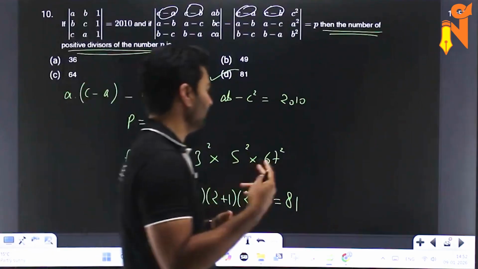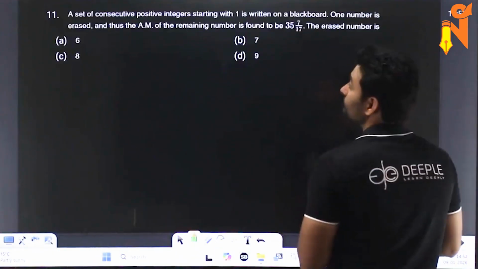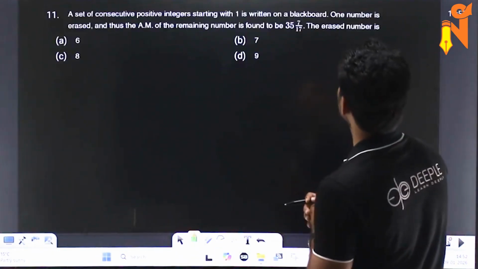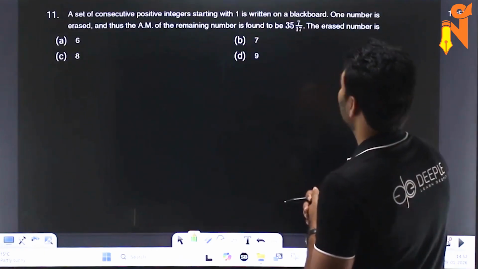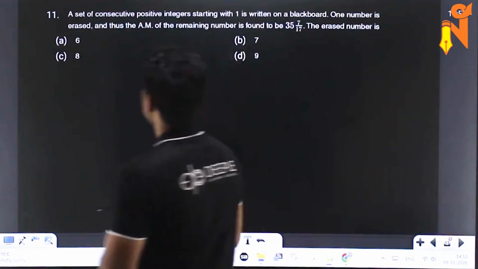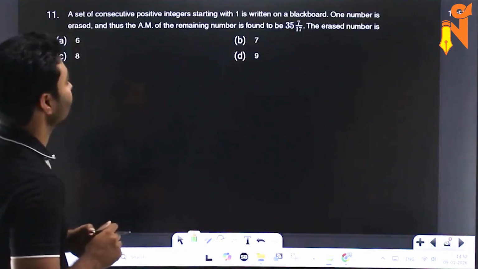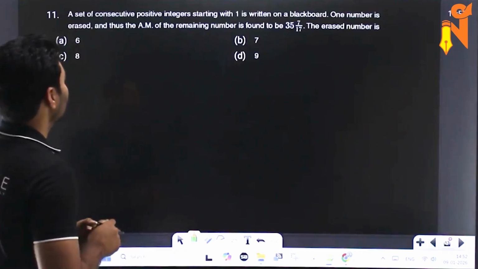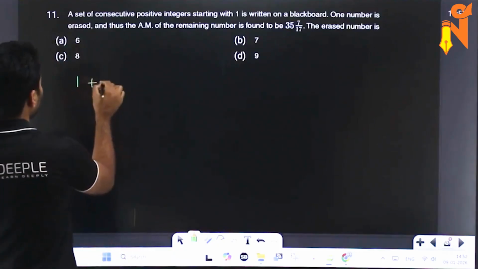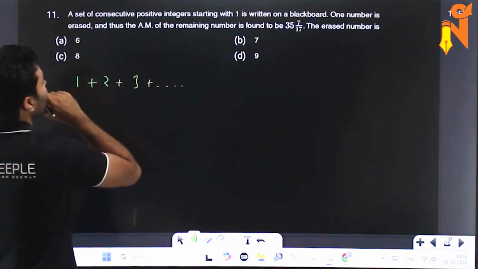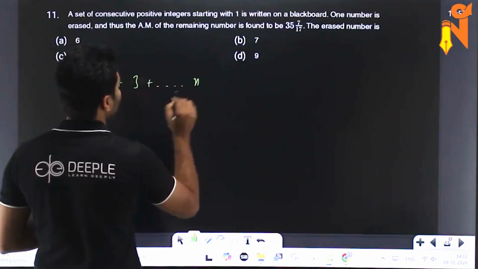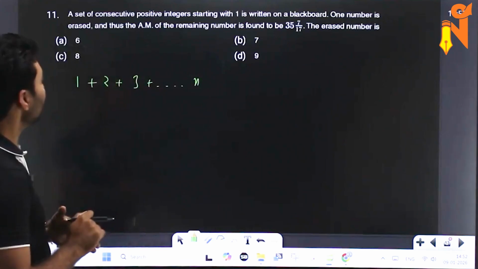Two chapters here. Next, a set of numbers with one number removed. Again a very simple question. Starting from 1, 1 plus 2 plus 3 up to how many? No idea, let's say n. So what is given here? One number is removed.